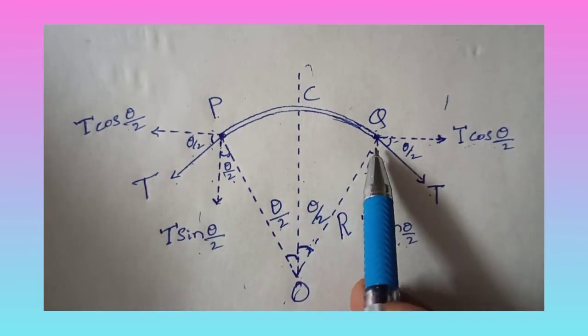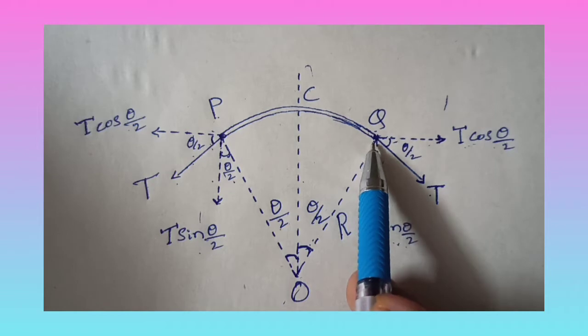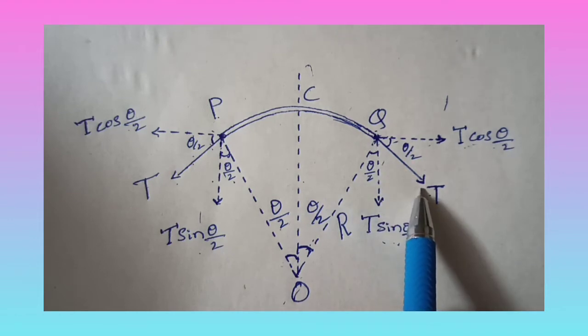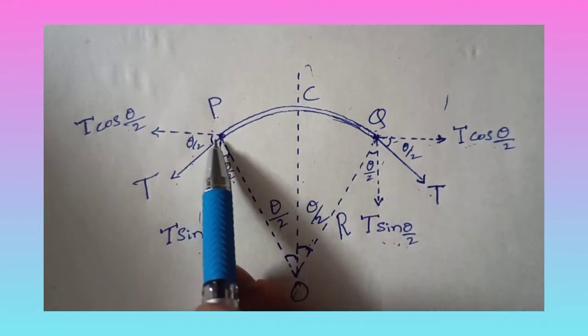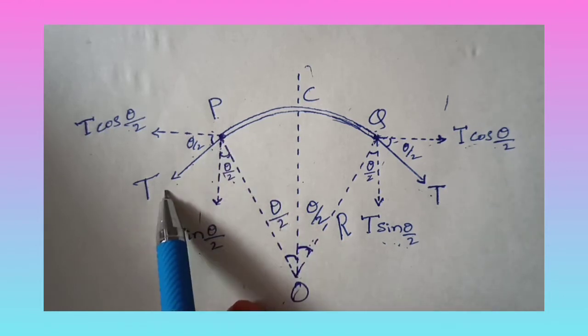Now at this point, on the right hand side of this string element, there is a force pulling this string element in this direction due to the tension in the string. In the same way, at this point also, due to the tension, there is a force pulling in this direction.